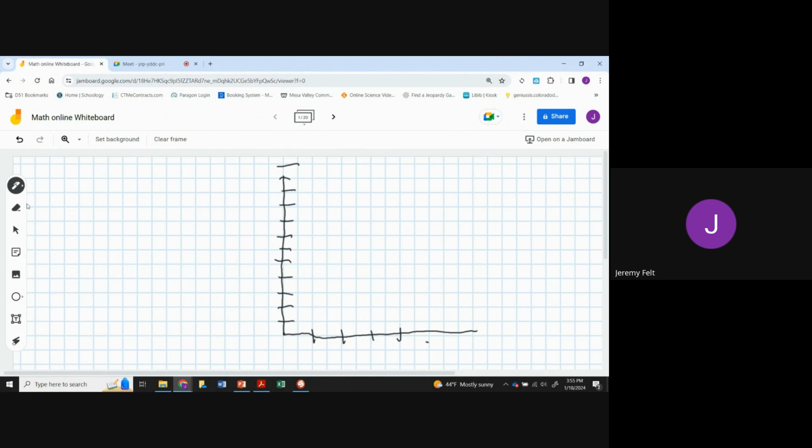So X, we're calling S, Y, we're calling our P. So we go over 1, up 3, over 2, up 6, over 3, up 9. And you can see it's linear. It's going to continue going that way. So as the side length gets bigger, perimeter gets bigger, which makes sense.